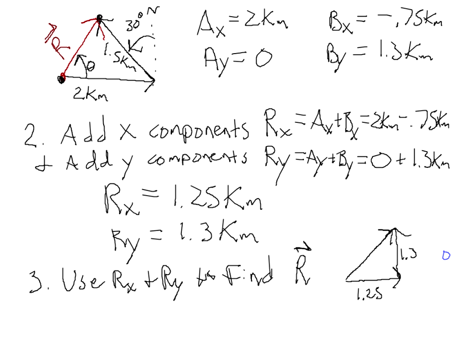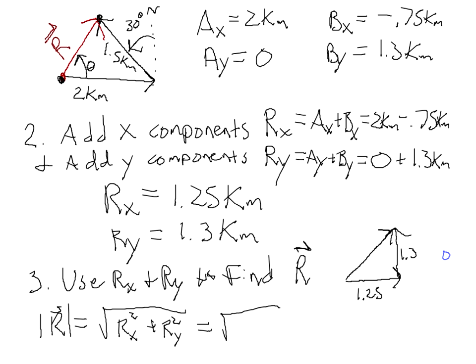The magnitude of vector R is the square root of Rx squared plus Ry squared. So we'll have the square root of 1.25 squared plus 1.3 squared. We'll type that into the calculator and see how it comes out.